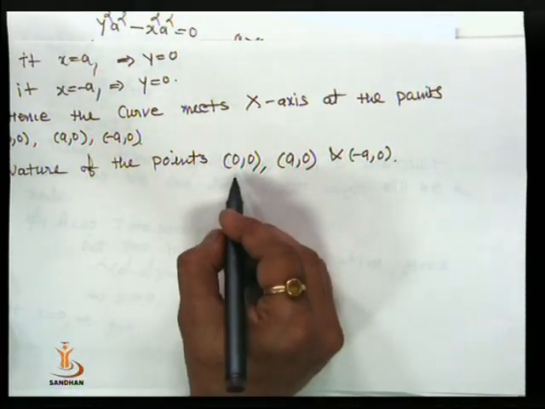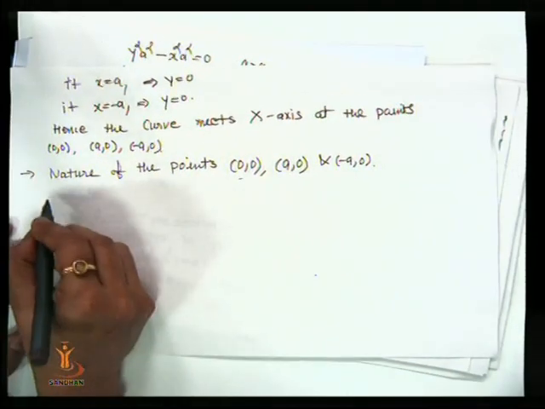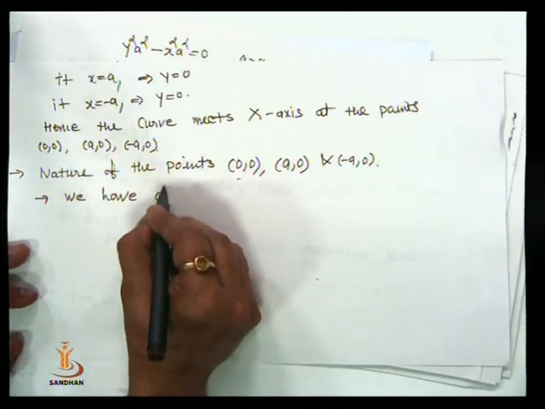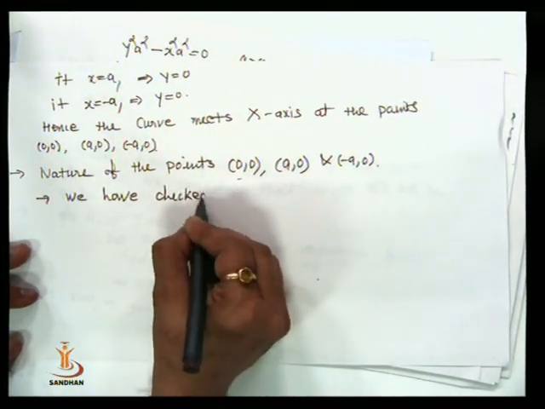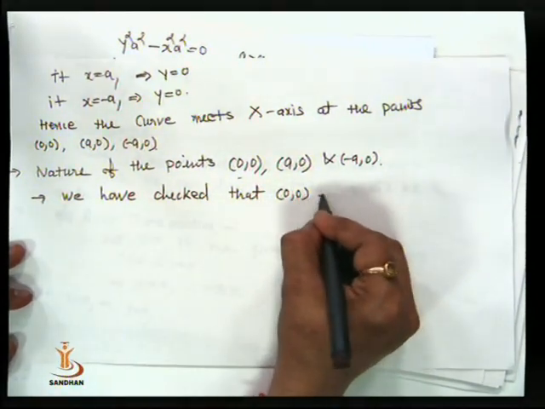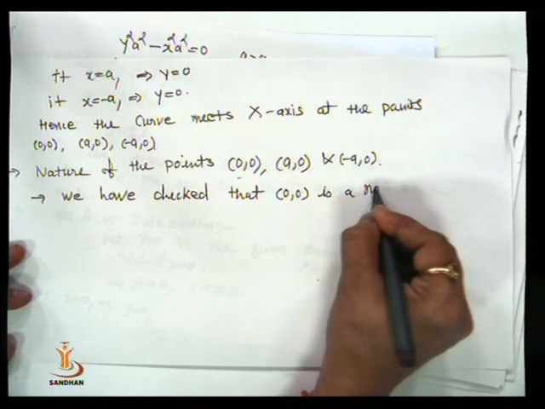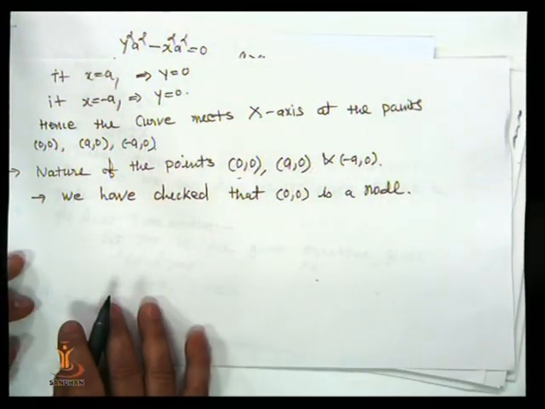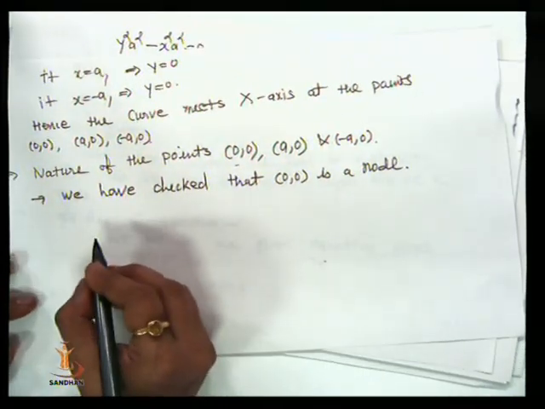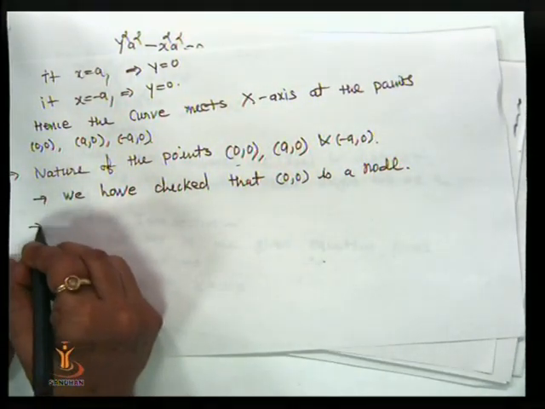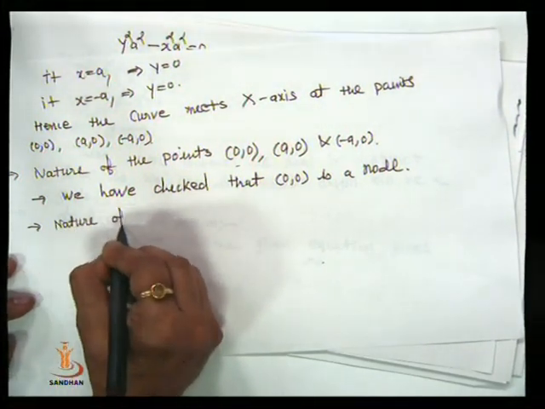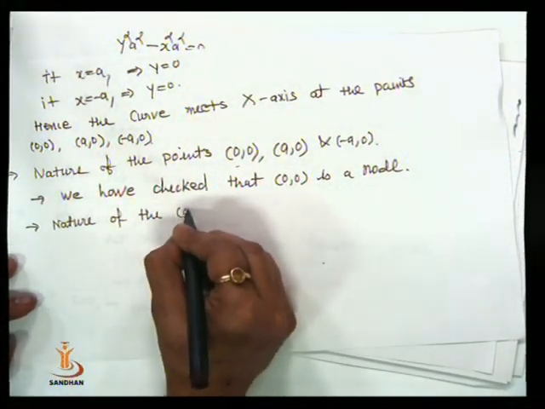First point we have already checked, origin 0 0 is a node. So we only have to check the nature of the next 2 points, a 0 and minus a 0. So we find the nature of the point a 0.